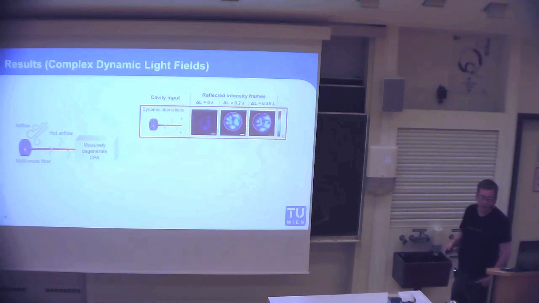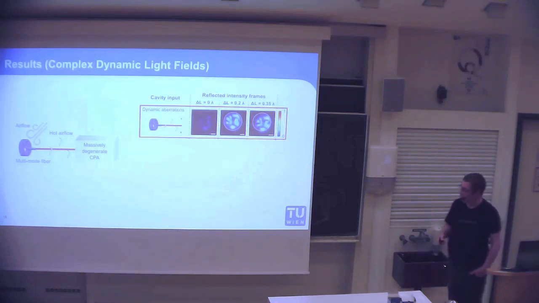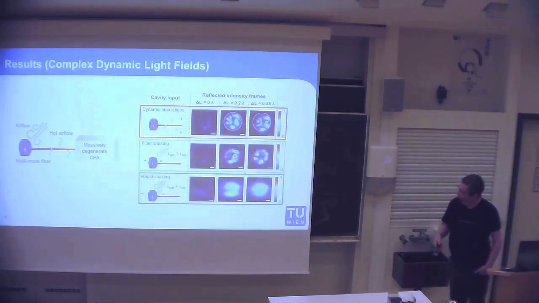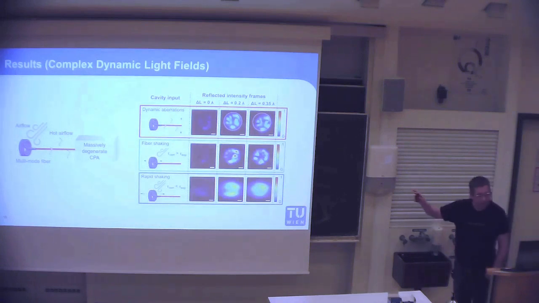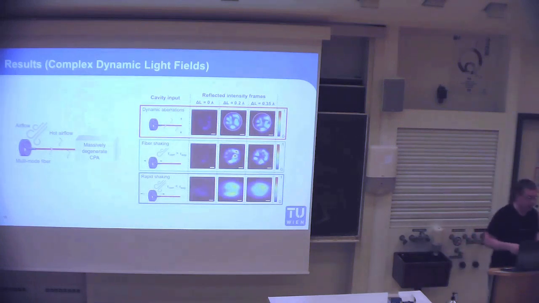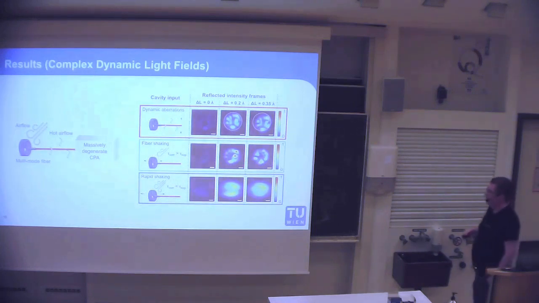And again, the CPA still worked. Then they shook the fiber more or less vigorously, and again it turns out the CPA is very robust also with these dynamic light fields.